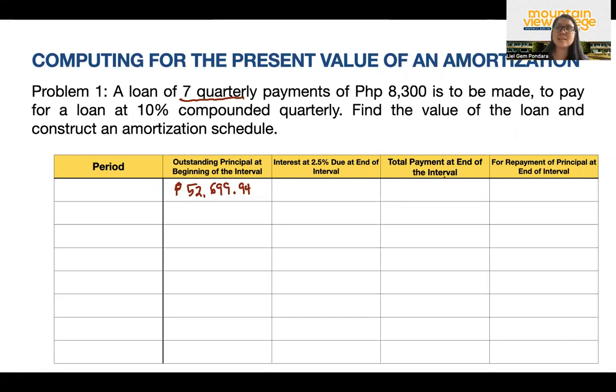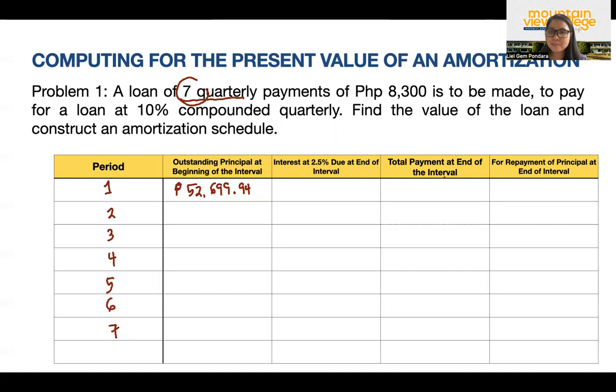When is the next? April 5, 2022. Like that. But for our lesson, because there are no dates specified, we'll just write 1, 2, 3, 4, 5, 6, 7. It means payment date 1, 2, 3, 4, 5, 6, 7.